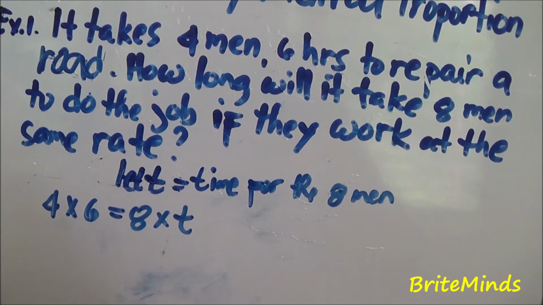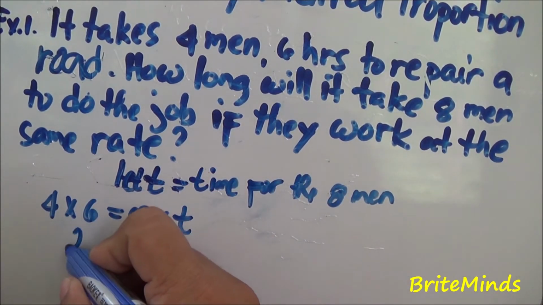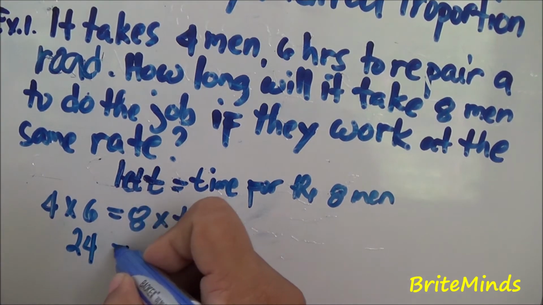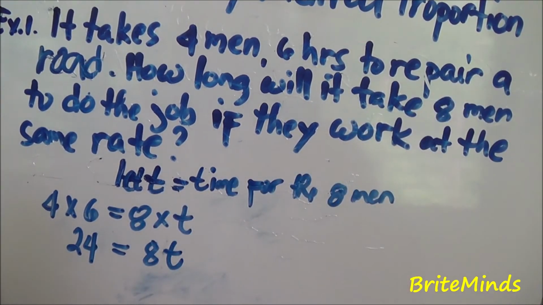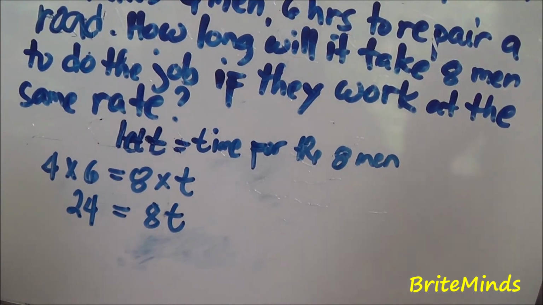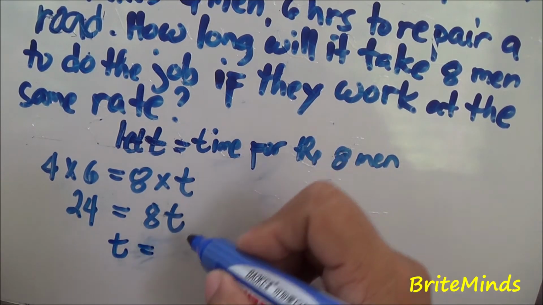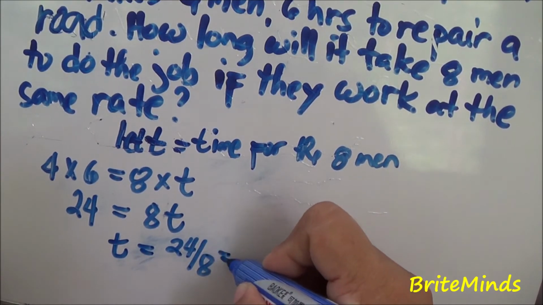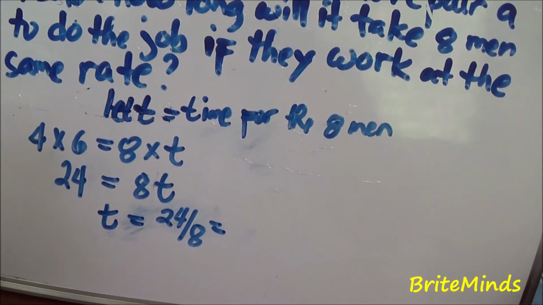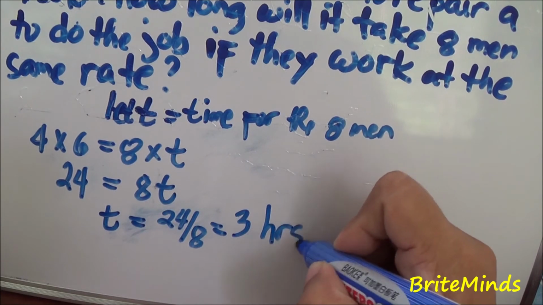So we do the multiplications. 4 times 6 is 24, equals 8T. So we find the time. 24 divided by 8, the answer will be 3 hours.